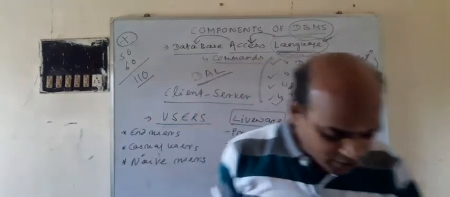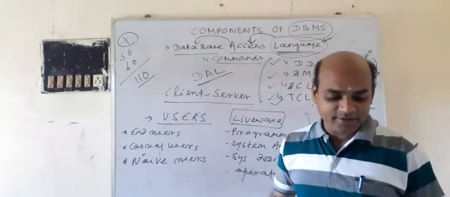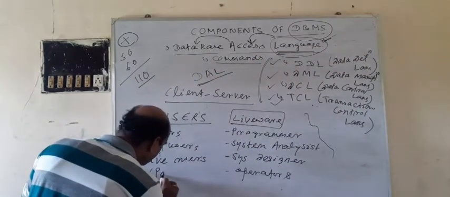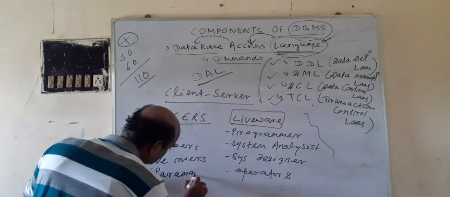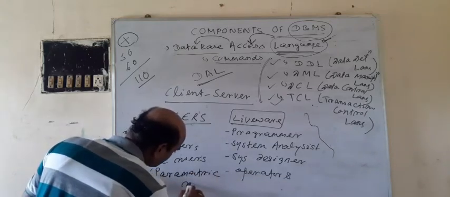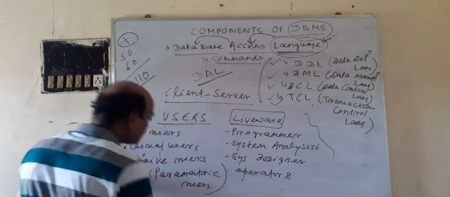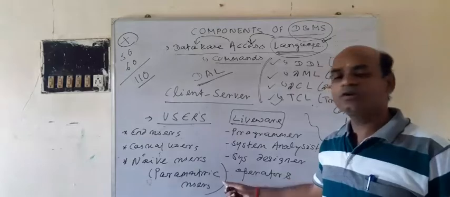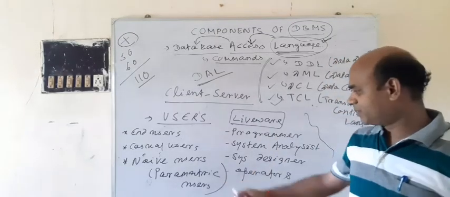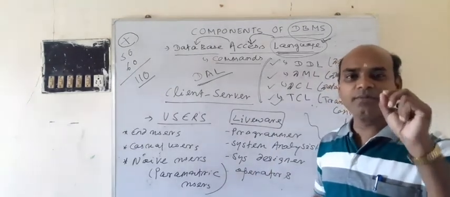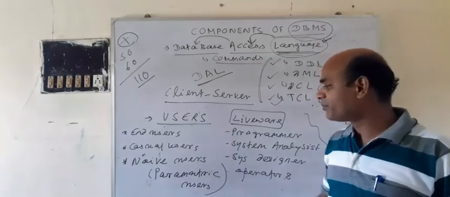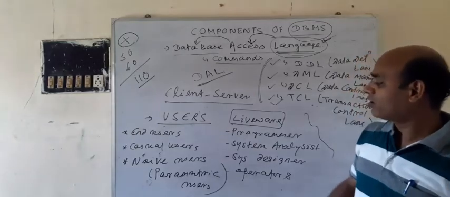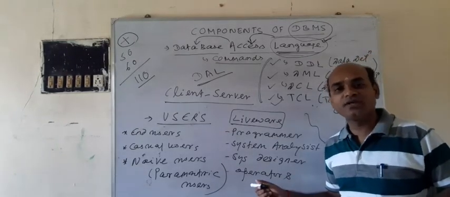Then another type of user, the naive user. These users do not have much knowledge. You can call them parametric users, just like an operator, just like a clerk in your office. They just use different commands. They have minimal knowledge of how to extract information and how to generate a report by using data stored in the database file.